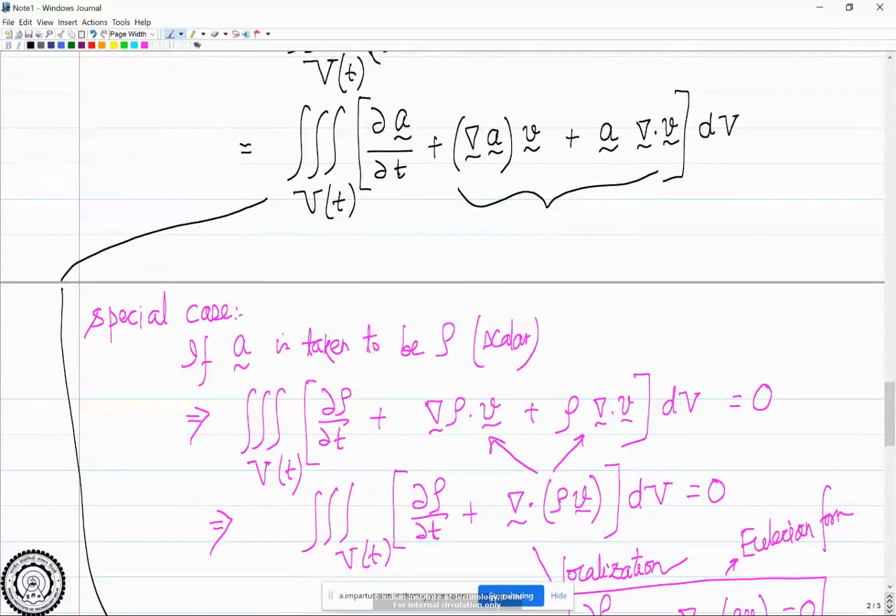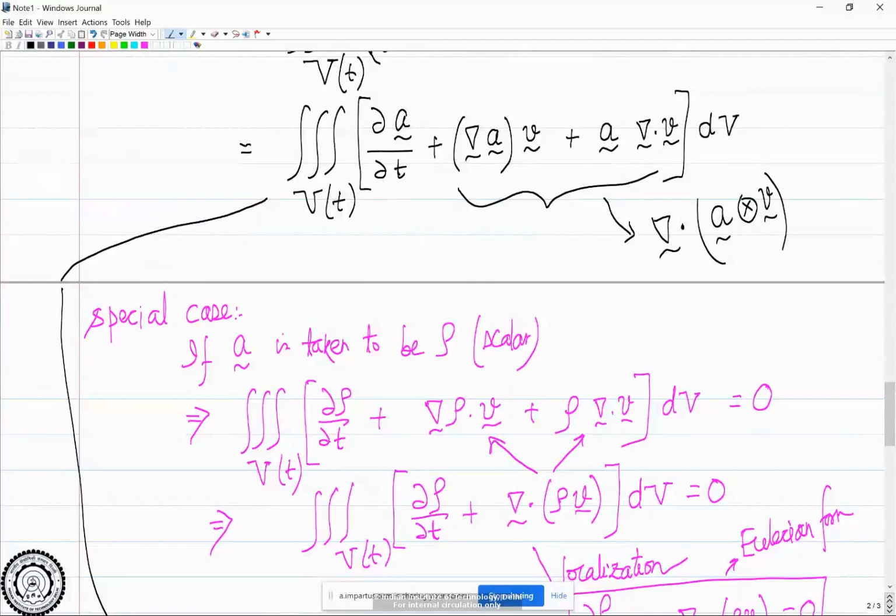I'm just going to state that this can be written as divergence of A tensor product V. I'm very sorry, I'm not working it out, but you can write this.